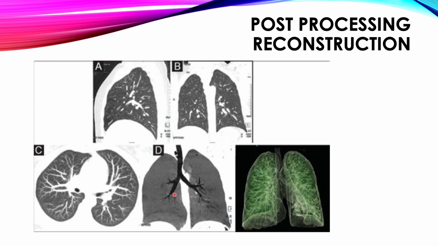The other image that we see is the MIP image, or maximum intensity projection image, and we can also get MINIP or minimum intensity projection images, and a virtual bronchography or virtual bronchoscopy can also be done by rendered images to evaluate the airway. So everything can be derived from a non-contrast image.